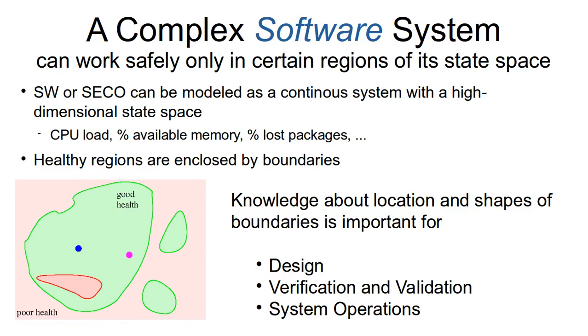Why is it important to know about the location and the shape of these boundaries? We can identify three areas where it's important. One is for the design. If the designer knows the locations of the boundaries, valuable feedback can come from this analysis to improve the design. Then, of course, it is important for verification and validation.